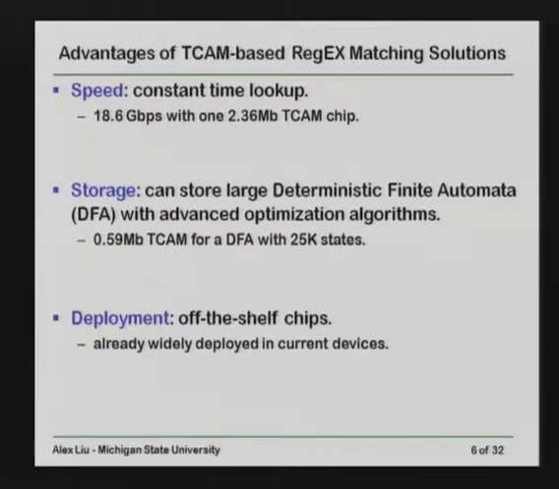Typically, the algorithm for regular expression matching converts the regular expression set to a DFA, and then processes based on the DFA. But this requires many optimization algorithms to achieve this goal. In our experiments, we can use say 0.56 megabits of TCAM to store a DFA with say 25,000 states.